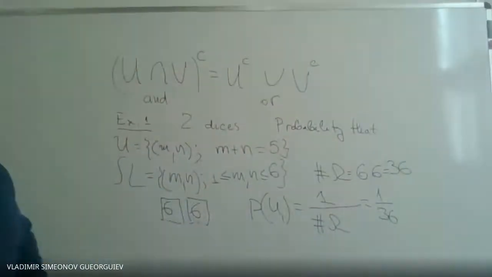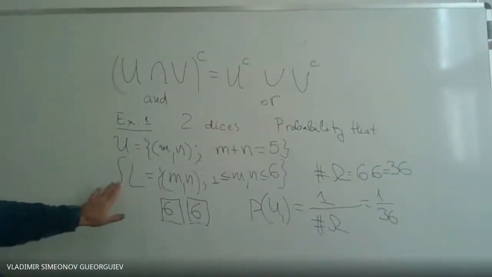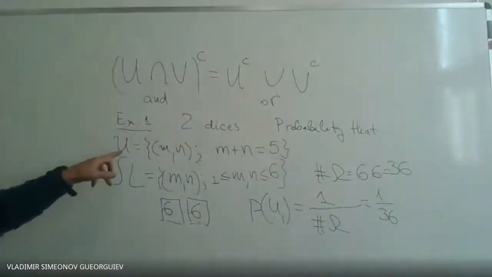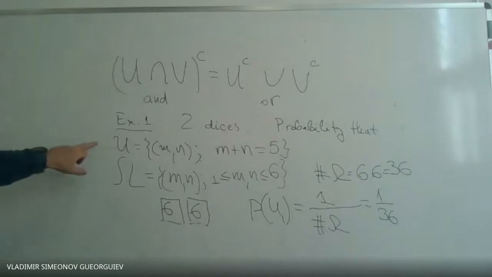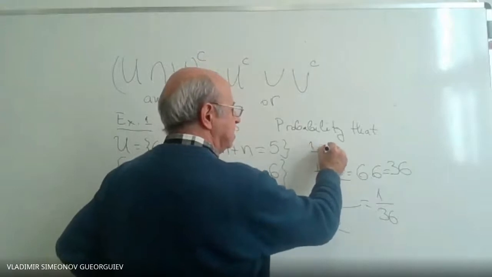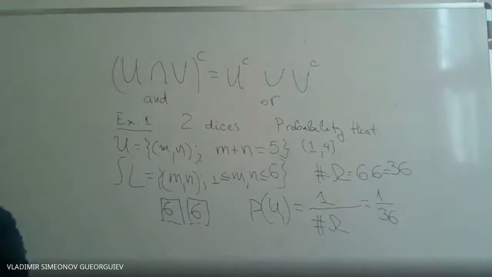We shall see. Now, all exits omega is still 36 exits. Let us see how many elements this set has. How can you choose (m, n) such that the sum is 5? What are the favorable exits? First is 1, second is 4. This is one exit that gives 5.